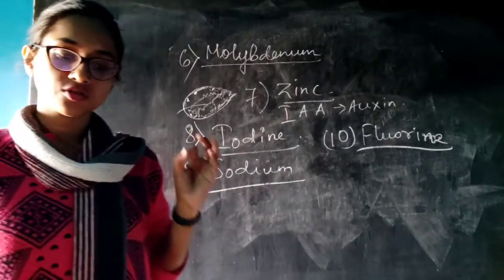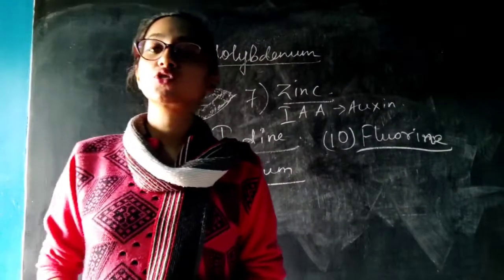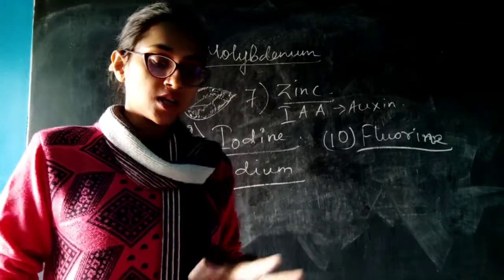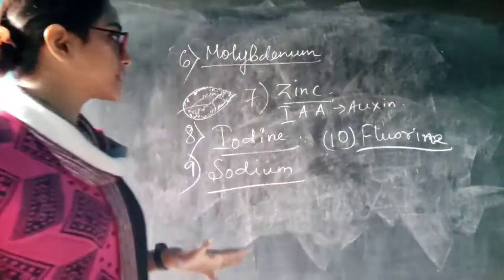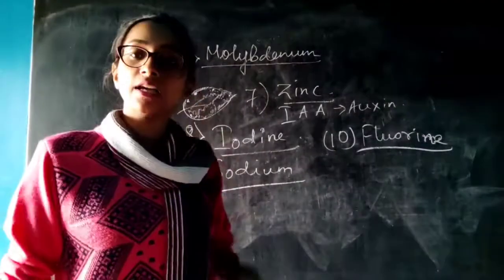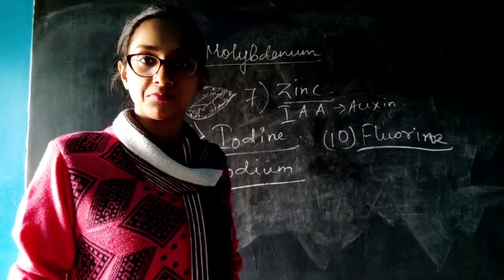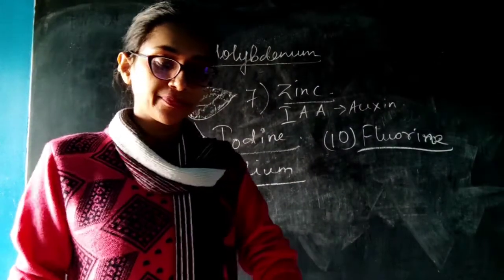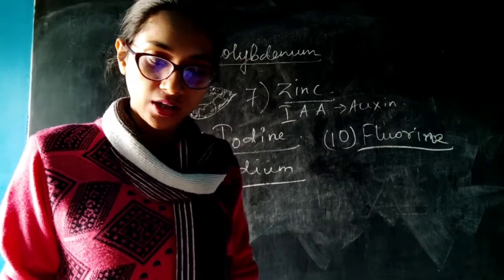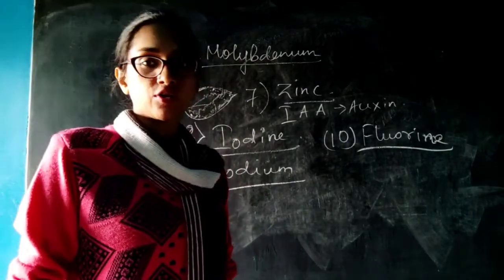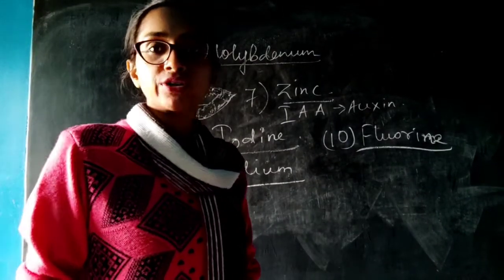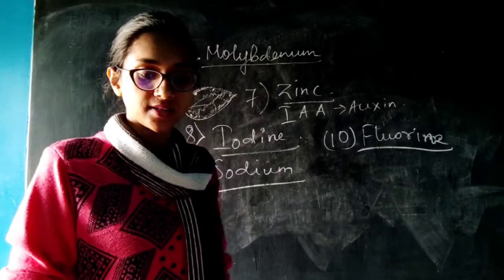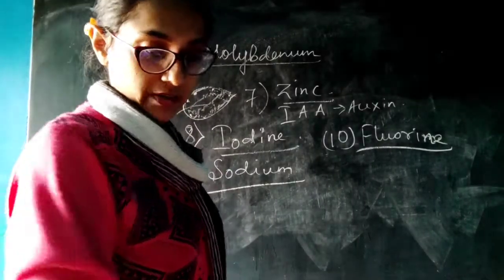So if it is not present, it causes tooth decay. Okay. So these are the 10 microelements, with their roles, functions and deficiency symptoms all discussed. Now there is a difference between macro and micro elements on page number 10.9. Please do read this difference between macro and microelements.